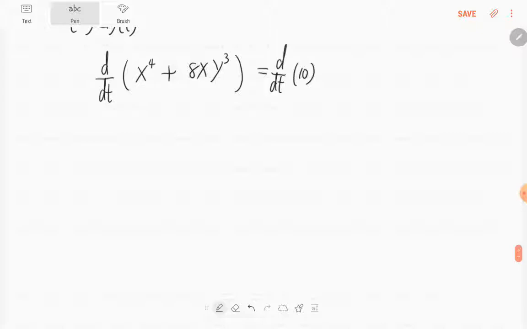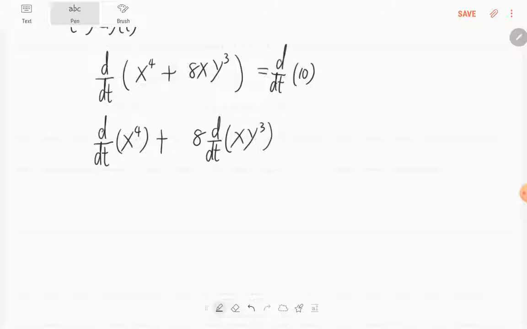Then we distribute the derivative because this is a summation. Plus, we can take the 8 out. Equals the derivative about t of 10. 10 is a constant, so it equals 0, right?